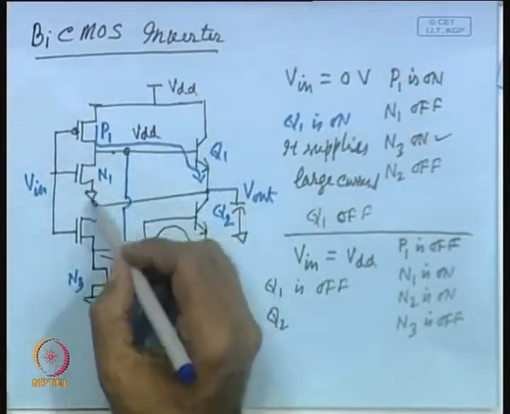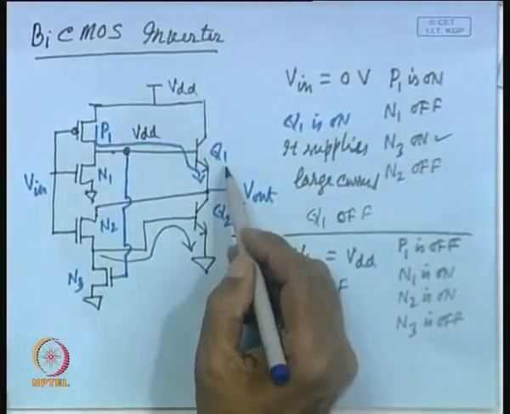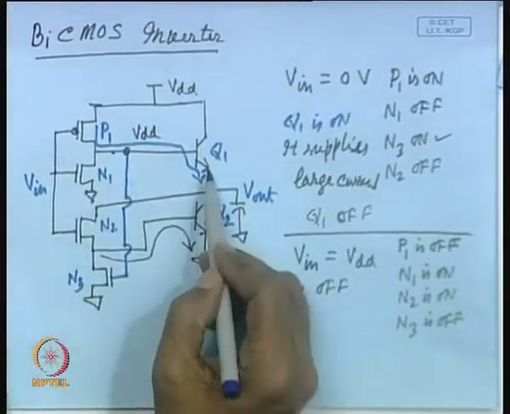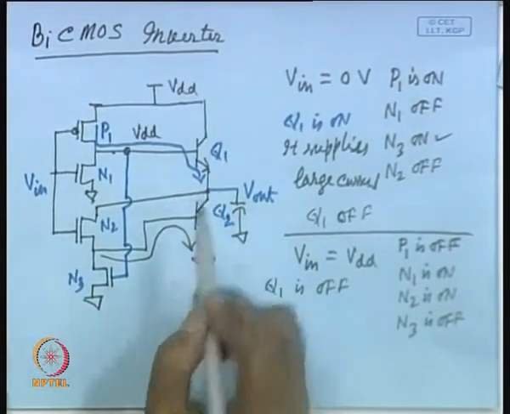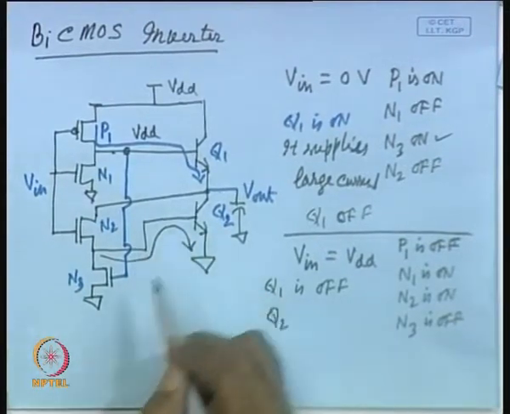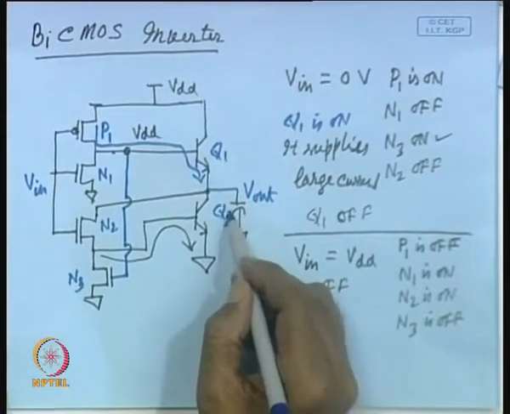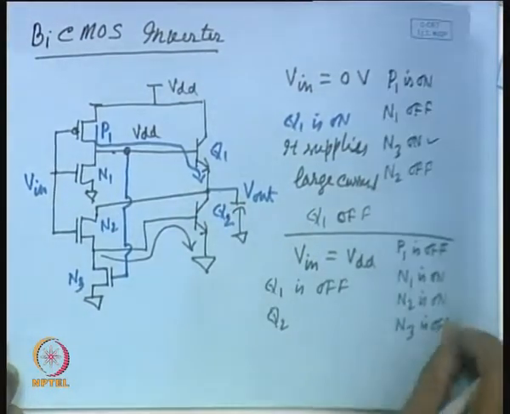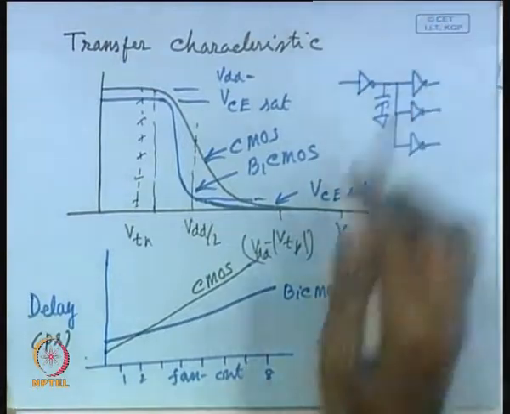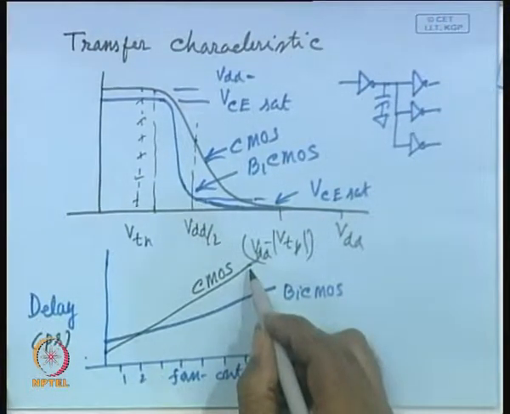That means, compared to a simple inverter, for a BiCMOS inverter the delay will be larger, because it essentially has 2 stages, and here also it will have 2 stages. But as the fan out or the load capacitance increases, as you can see, ultimately the BiCMOS inverter becomes faster compared to standard CMOS.